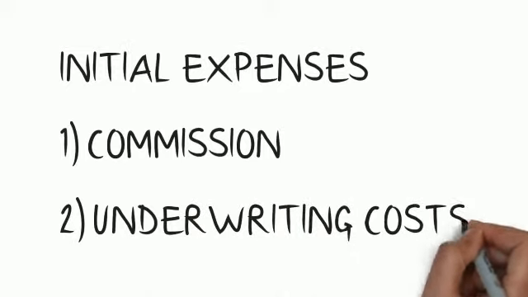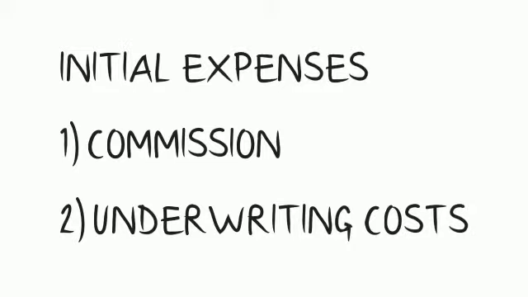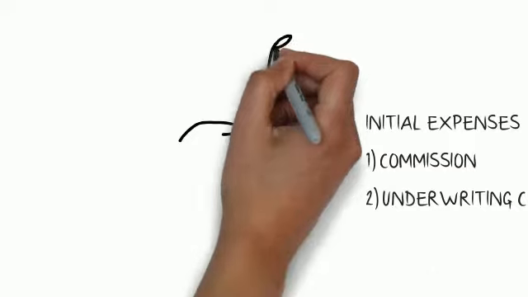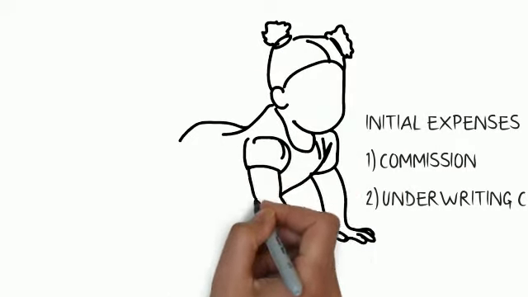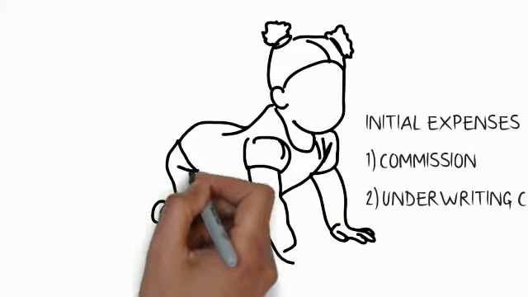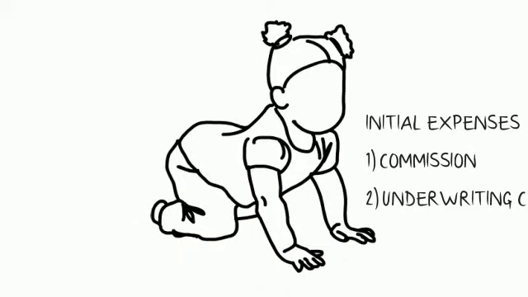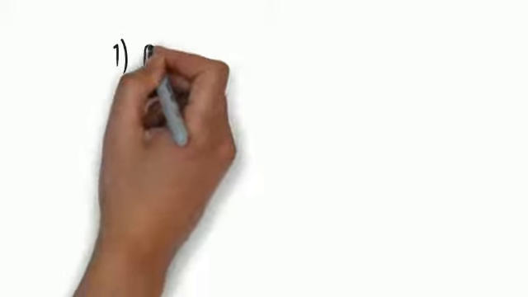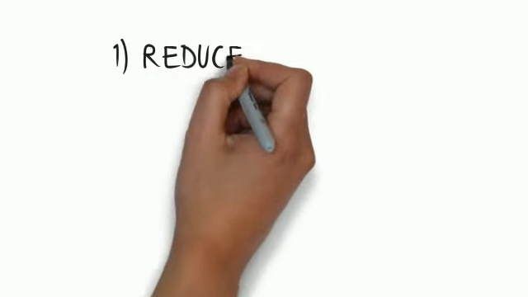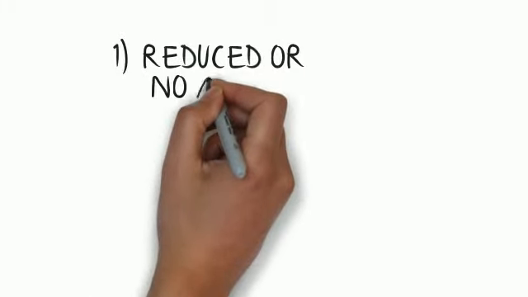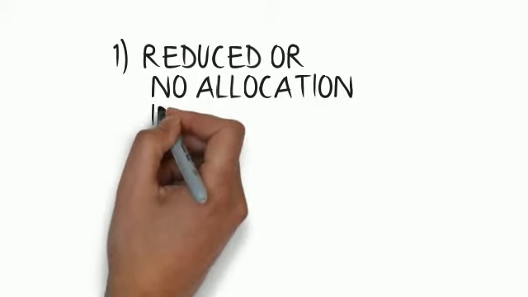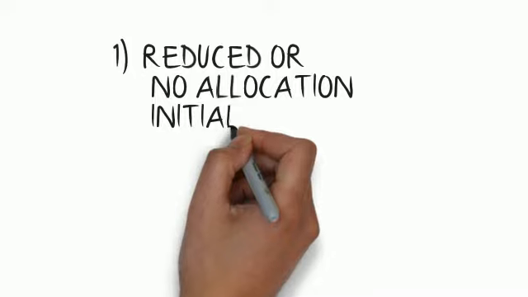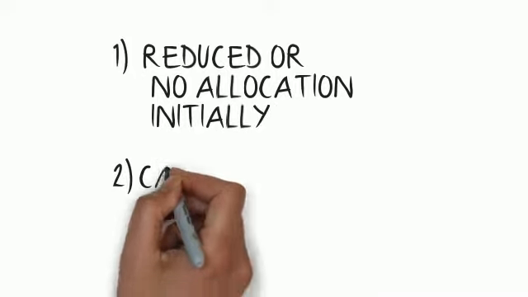Looking at the initial expenses, we are looking at commission and underwriting costs. There is an implication there. And the implication that we have is that in the first year, the premium that you pay is applied to pay initial expenses, not to buy units.